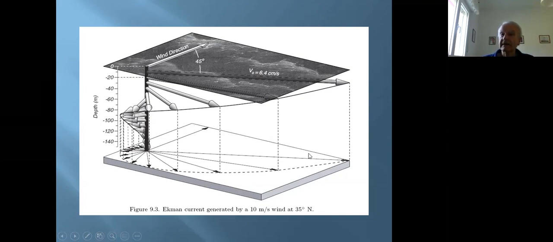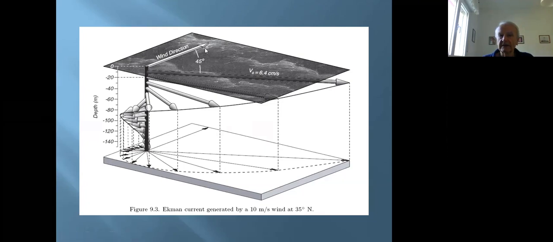If we integrate all these equations, what we have done by trying to estimate the Ekman transport, then we will obtain the Ekman transport to the right-hand side with respect to the wind.